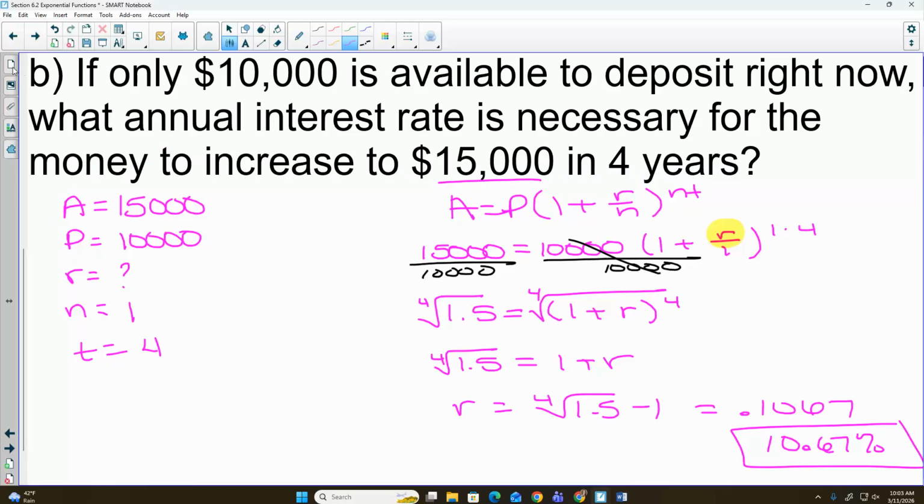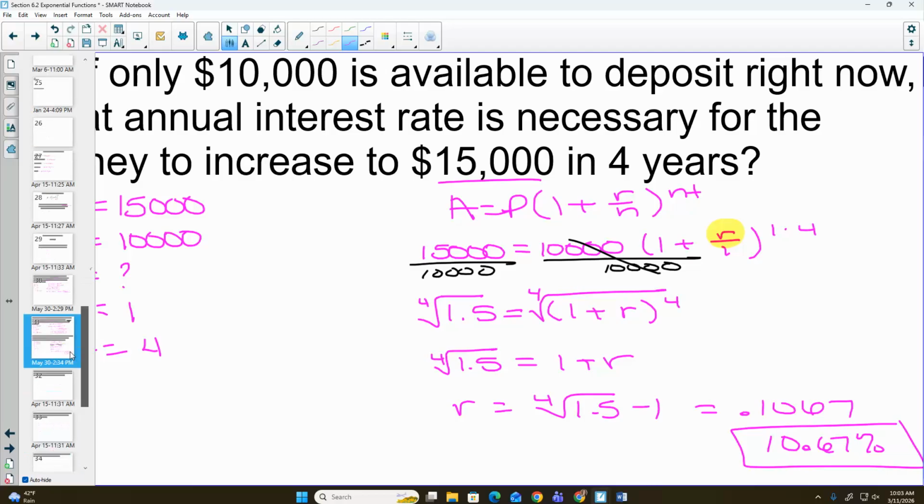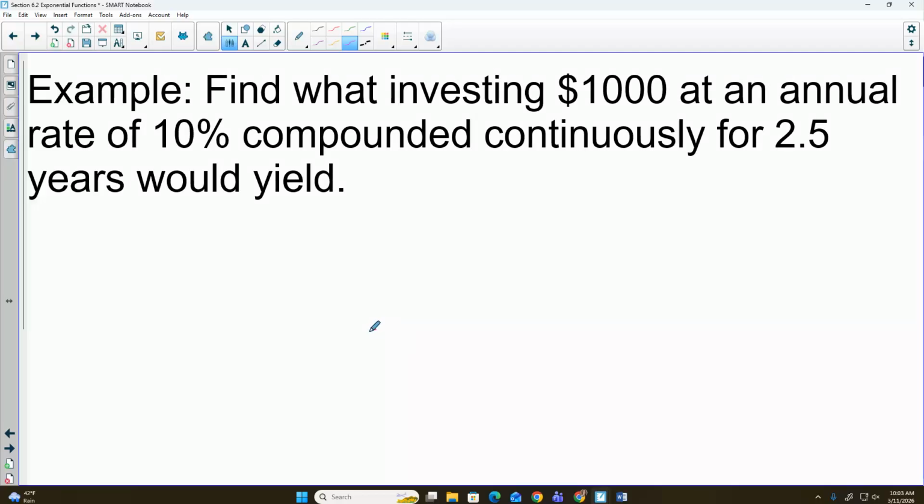I am going to skip the next slide. I'm going to go to this one. Find what investing $1,000 at an annual rate of 10% compounded continuously. When you see that word continuously, what does that mean? We use the continuous compounding formula. So that means I have fewer variables.